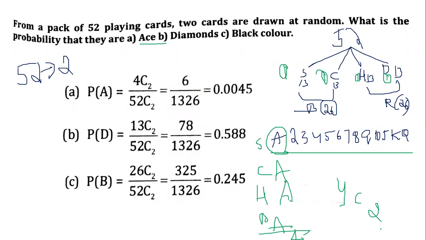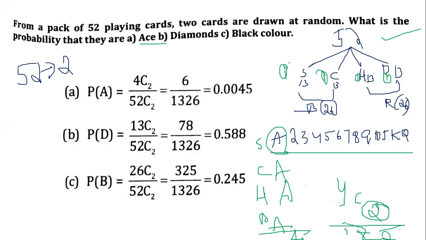But what is the sample space? What is the total number of cards? My total number of cards is 52. Out of 52, I am supposed to select 2 cards. So my sample space will be 52C2. But my favorable event is 4C2. How did I get 4?